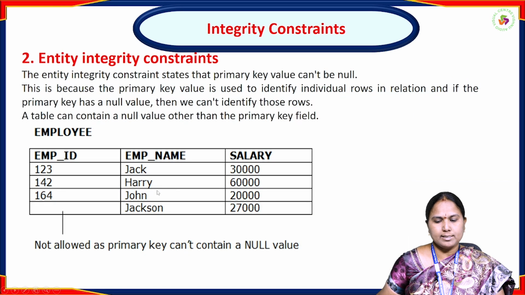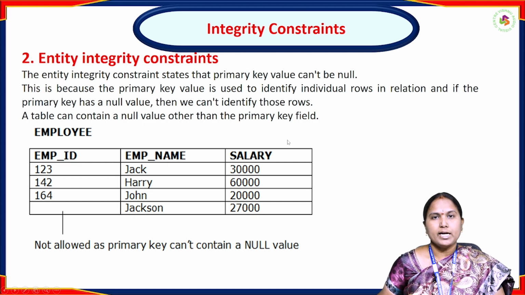Coming to the next constraint, the entity integrity constraint. What is meant by an entity? An entity is an object that is distinguishable from other objects. Suppose we assign any constraint, any condition, for a particular entity; those constraints are called entity integrity constraints.